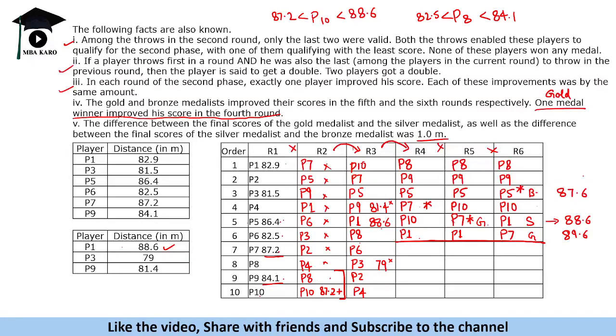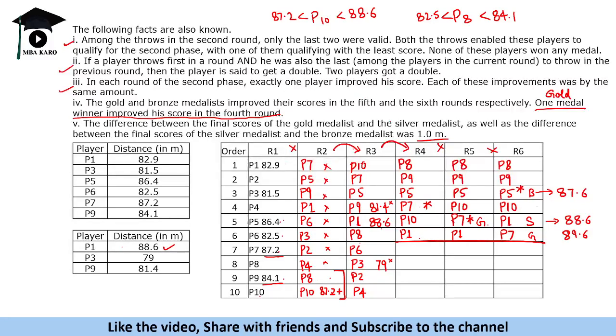P5 will score in the sixth round, so this score has come in the sixth round. Now P7 has improved his score two times. It is given that in each round of the second phase, exactly one player improved his score, right?